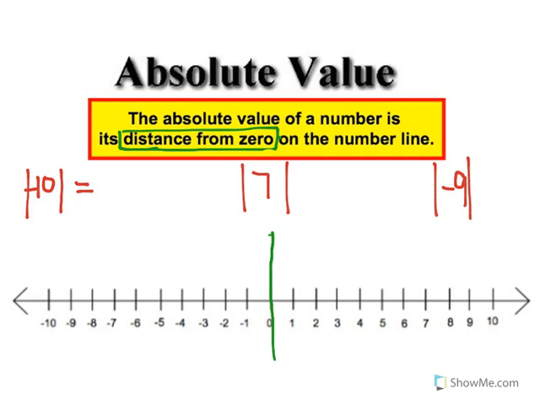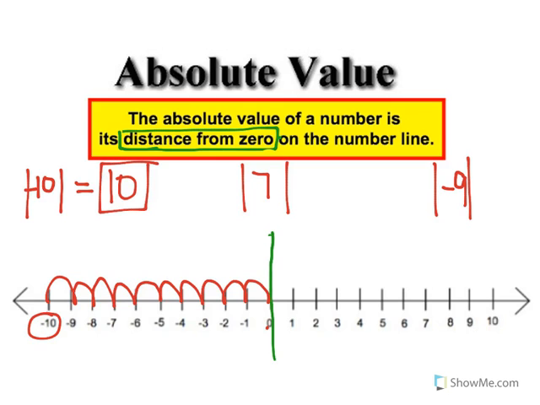All right, let's try the first one. Negative 10. How far is negative 10 away from 0? 1, 2, 3, 4, 5, 6, 7, 8, 9, 10. It is 10 units away. I'm going to say this again and again. Absolute value is the distance from 0, and distance is never negative. So my answer will always be positive. Let's do the next one.